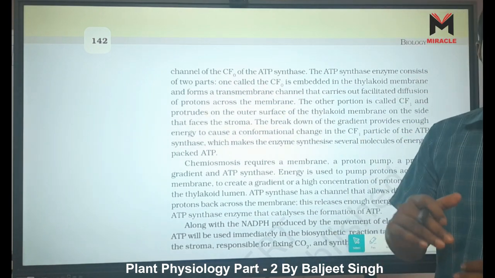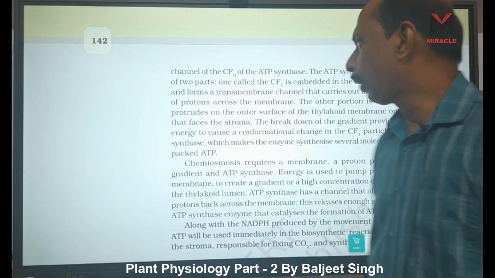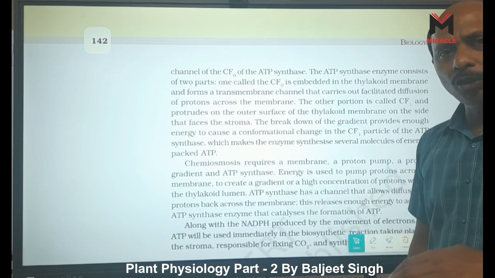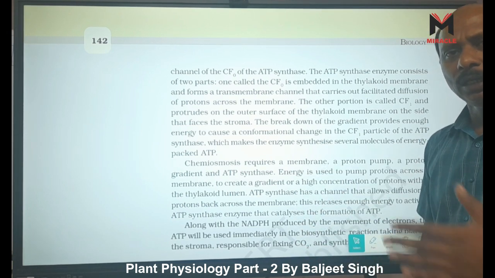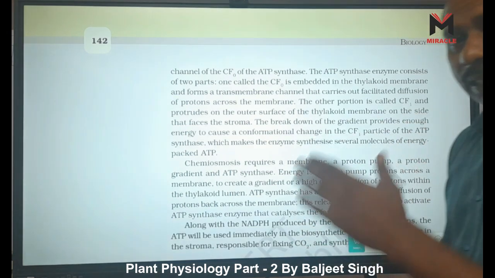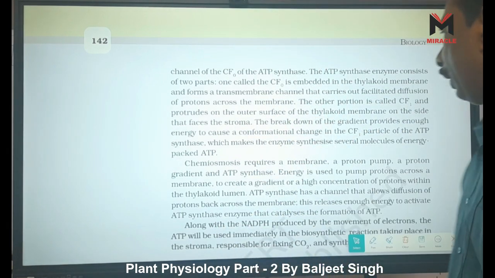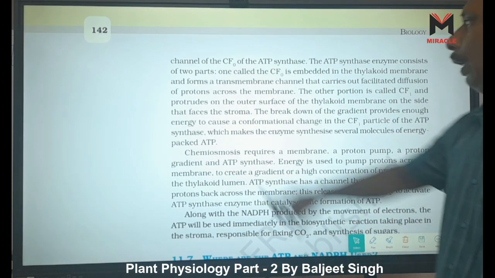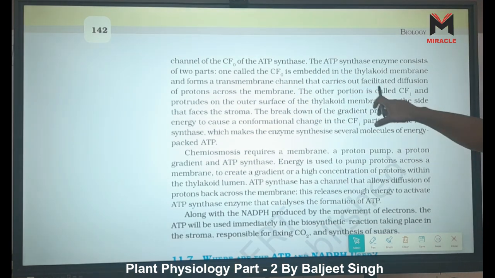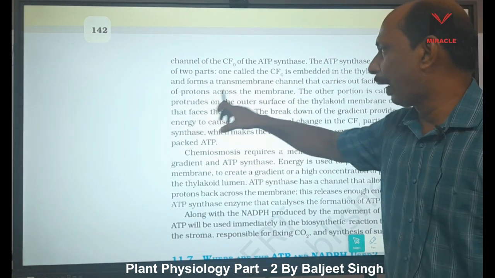Diffusion means substances move from high concentration to low concentration. Because inside the lumen there is a high concentration of H+ ions, hydrogen moves from high concentration to low concentration, that means from lumen to stroma, correct? And it forms a transmembrane channel that carries out facilitated diffusion of protons across the membrane.